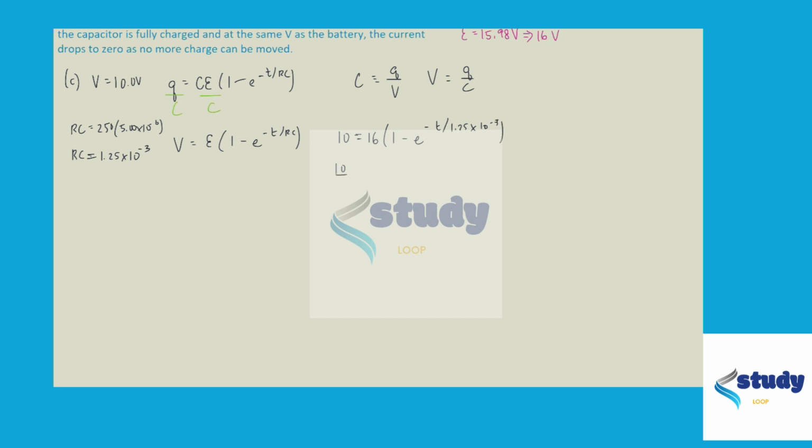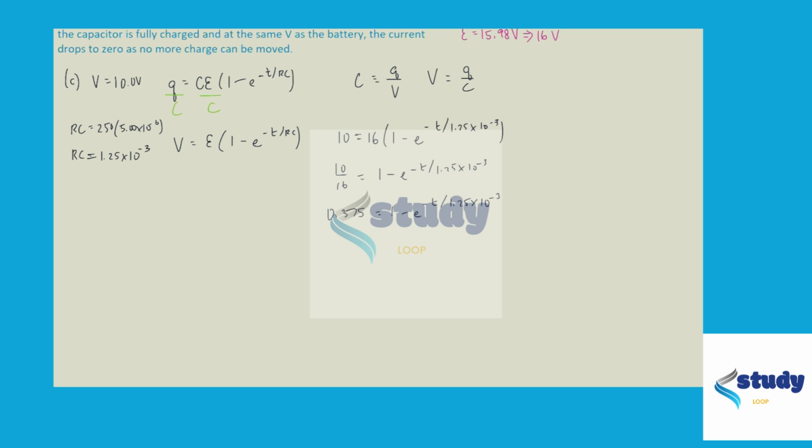And so 10 over 16 equals 1 minus e to the minus t over 1.25 times 10 to the minus third. And that gives me 0.375 equals 1 minus e to the minus t over 1.25 times 10 to the negative third.